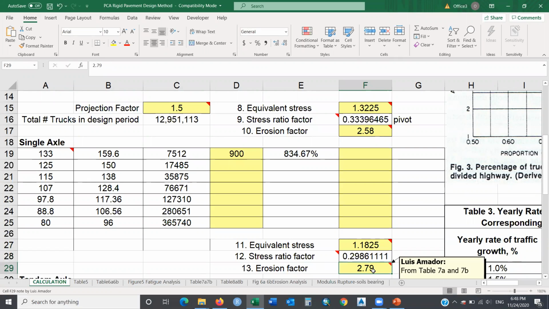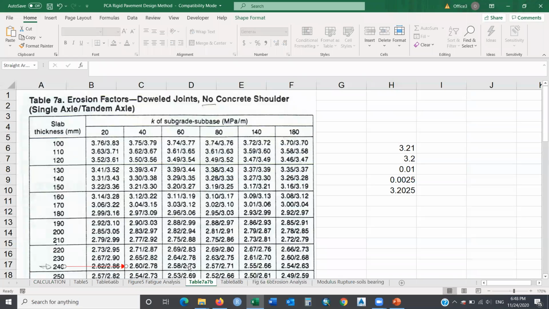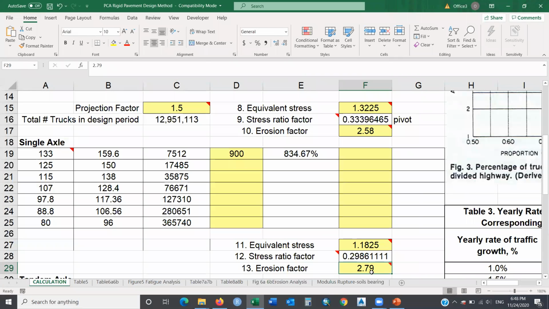And the erosion factor somewhere between 273 and 278. This one is easy because you have 5. So halfway is 2.5 and halfway is 125. So 125 plus this is 274.25.